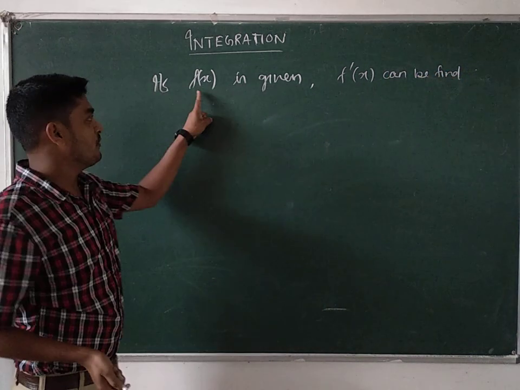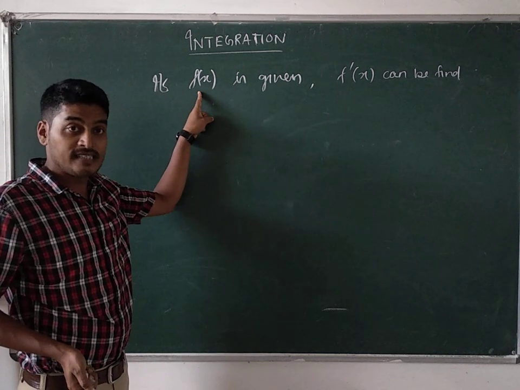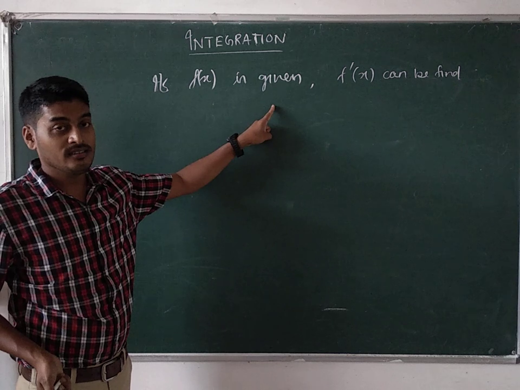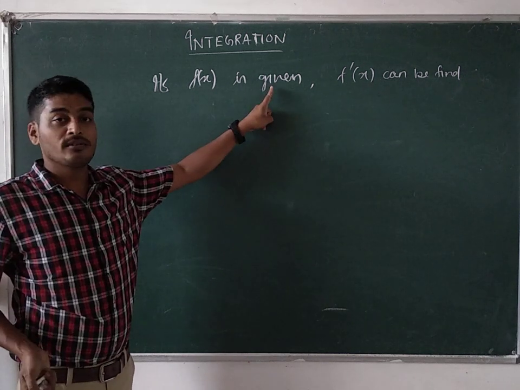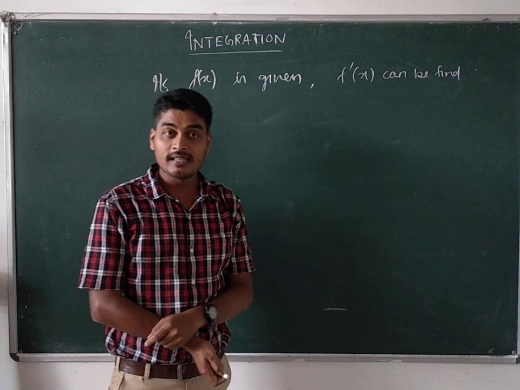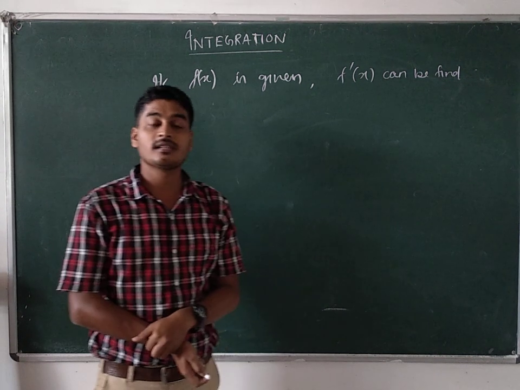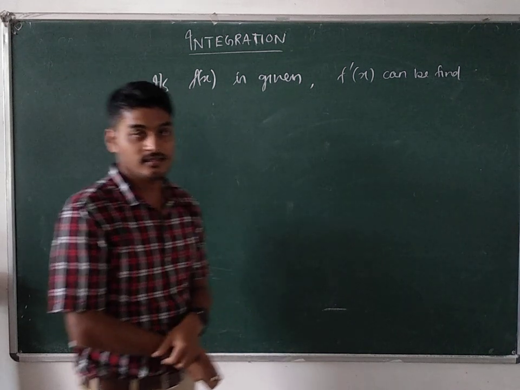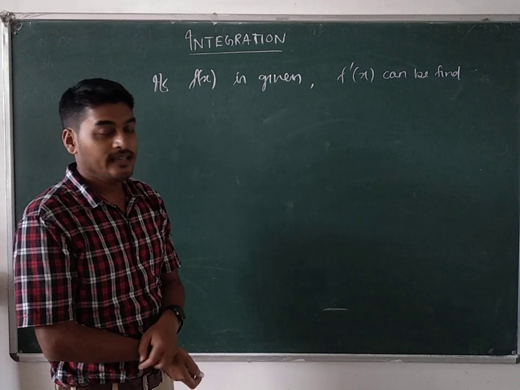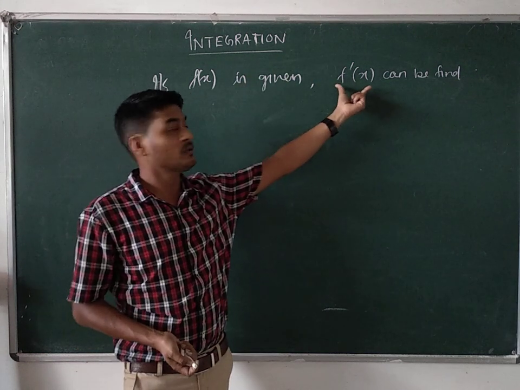If f of x is defined in any interval, you can easily find out the value of f dash x. That's why f dash x is known as the derivative of f of x.